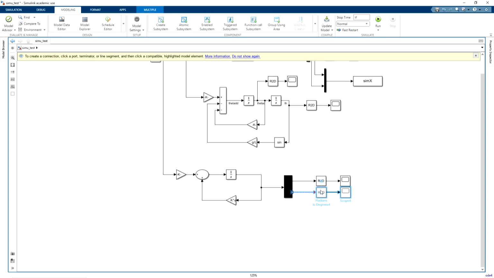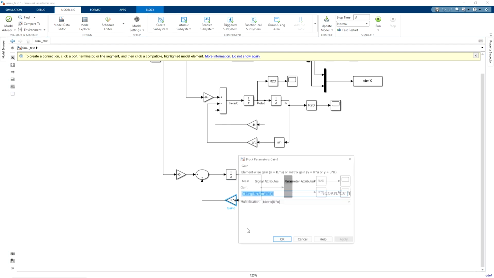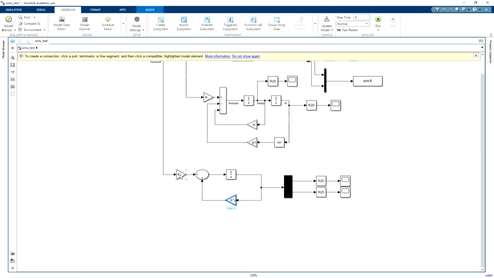Right clicking and simply dragging. All right, so here we have initial conditions mentioned. This is the A matrix and this is the B, likewise that we have done here.